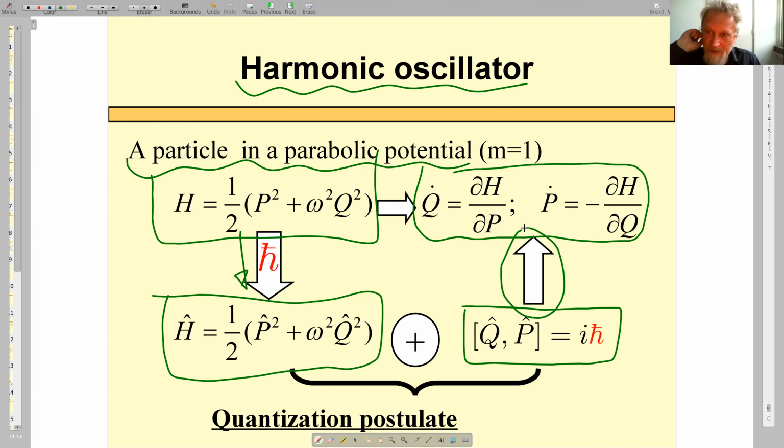So that kind of closes the loop that shows that I did everything correctly. And there is a correspondence between classical mechanics and quantum mechanics. So that's the assumption I would call quantization postulate.